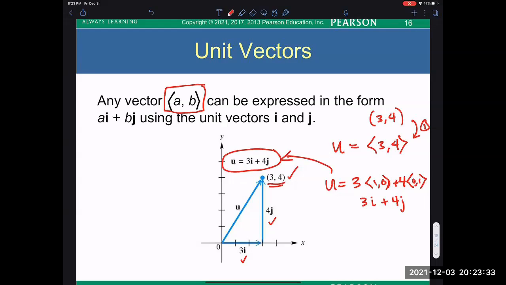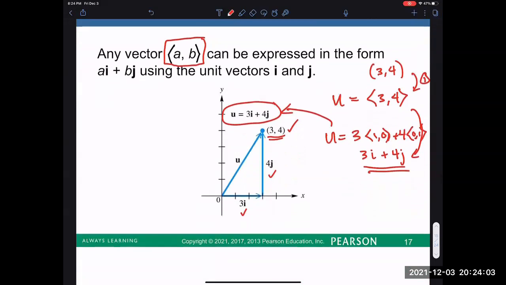And then after that, you just put the 3 and the 4 in front of the letters I and j to write it in terms of these little unit vectors. So you're just taking the 3, 4 and writing it 3 different ways. Initially, that's all you're really doing, so there's no reason to feel that this makes sense to you right away. Why are they going to all this trouble? Again, it's just for preparation for future work, and we're just giving you an introduction now.